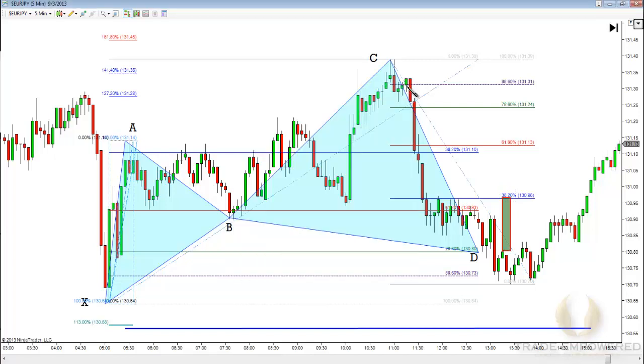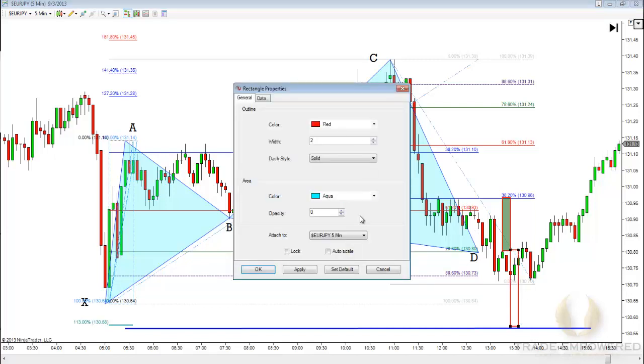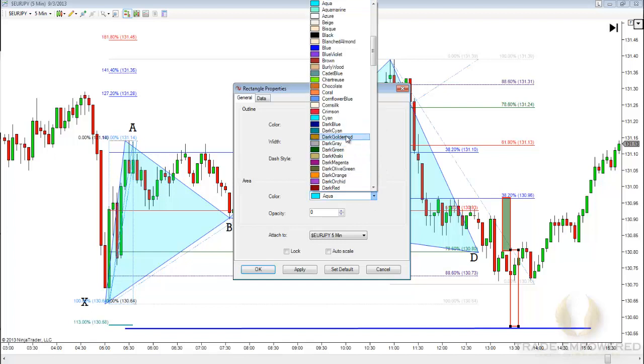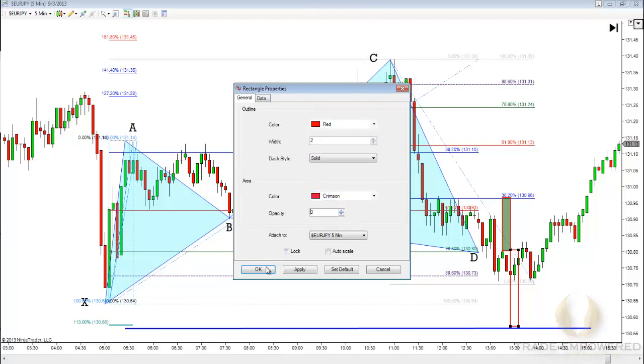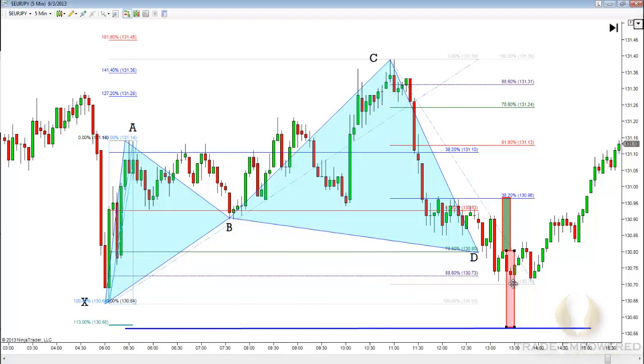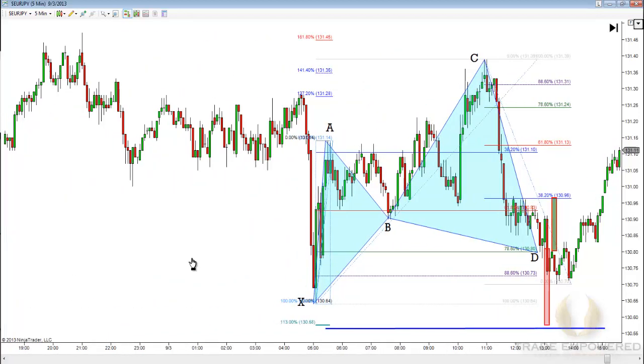And you'll notice with the Cypher, you don't always get a 1-to-1 risk reward, especially as you go down to the lower time frames, say the 5, the 10, the 15-minute charts. But because the pattern completes and rolls over at such a high level, it is still a profitable pattern even on the lower time frames where the risk to reward ratio may not be the best. Let's look at one more.